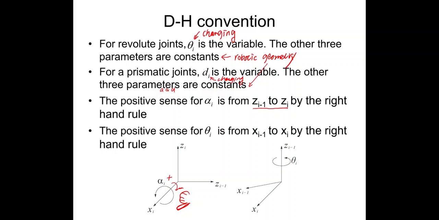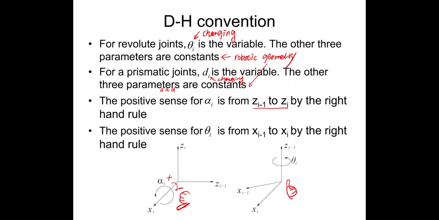And the positive sign for theta is from X_i minus 1 to X_i by the right-hand rule. Again, we have our right hand, this is our thumb, and these are the rest of our fingers.